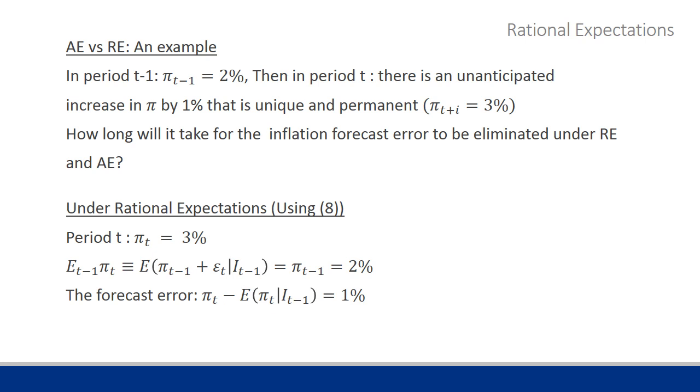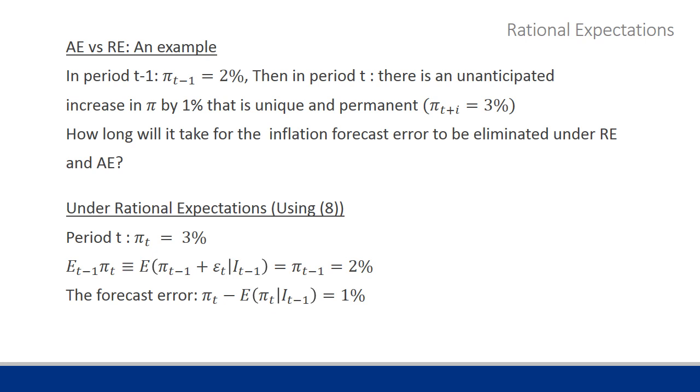Now we imagine that inflation was 2% for a long time, and then in one period it jumps up to 3%, by 1%. And that's a totally unanticipated increase. After it jumps up to 3%, it stays at 3%. So we look at how the RE and AE processes, and how long they take to catch up with each other, or to catch up with reality.